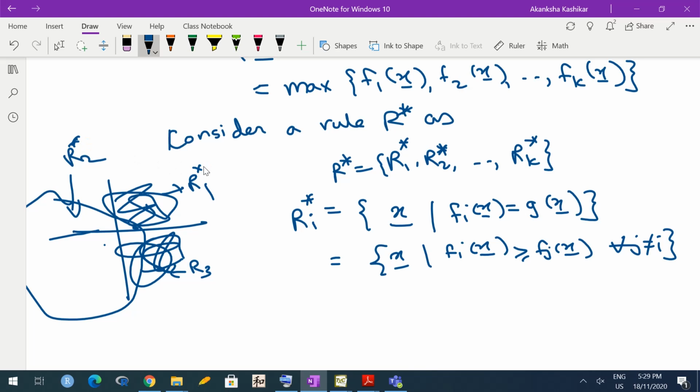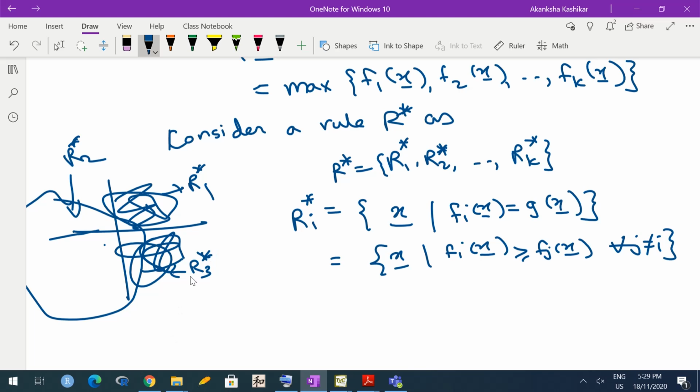All these with stars. So basically Ri star is that region of R^p in which the PDF corresponding to the ith population has the highest value. Are you following me? The notation is slightly tedious, but the concept is pretty intuitive. So please try to listen again and it should be clear.